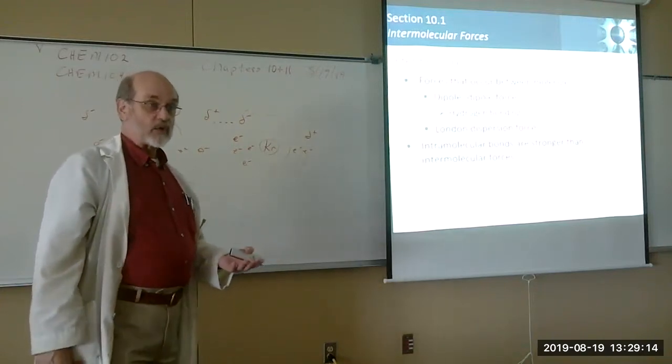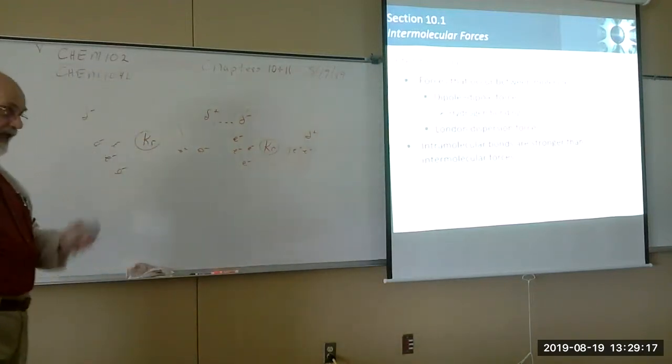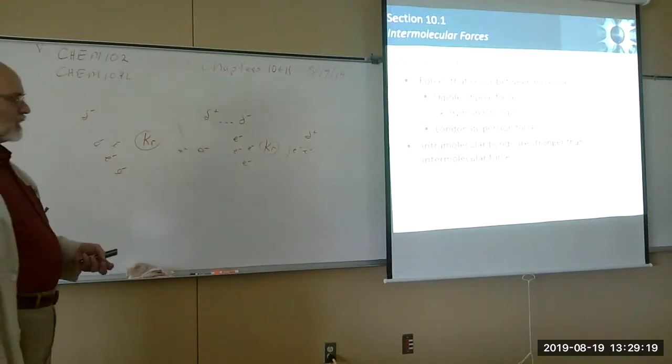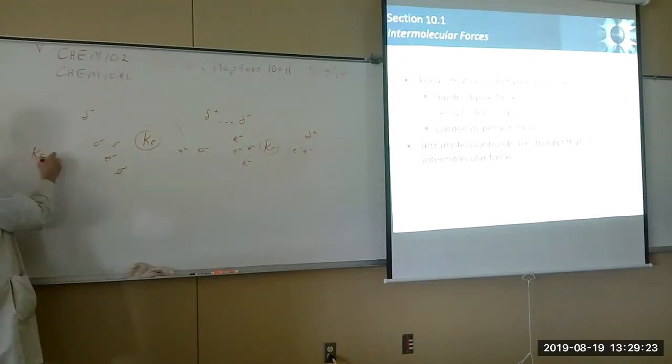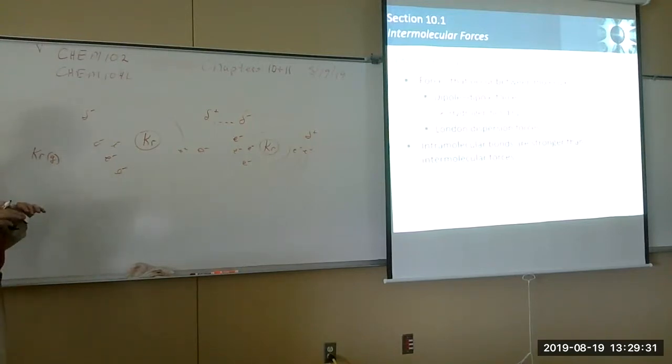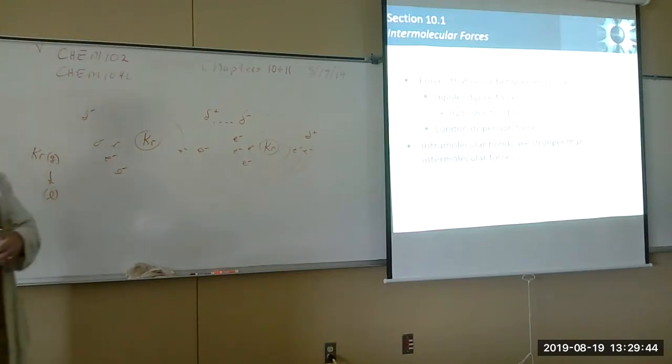The reason we know that it happens, and it can be measured, is that Krypton is a gas at room temperature, but as you cool it down, slow the molecules down, they have more time to interact. Right? They're moving more slowly. So when they come close to one another, there's more time to interact, and eventually you can turn Krypton into a liquid.